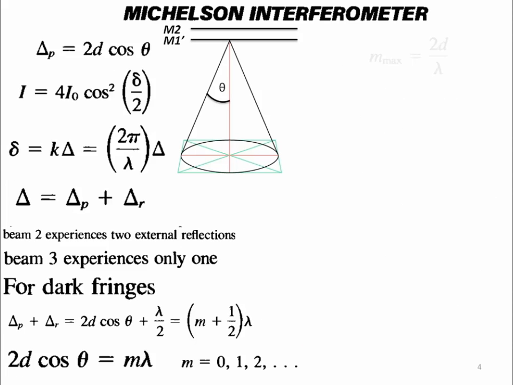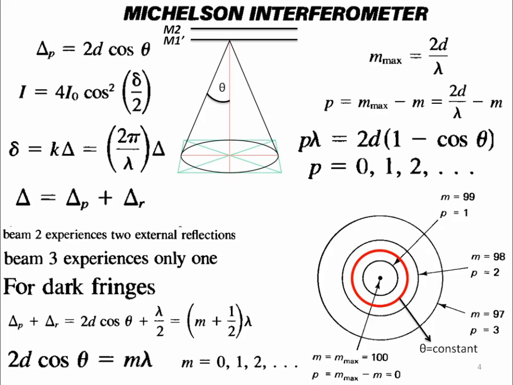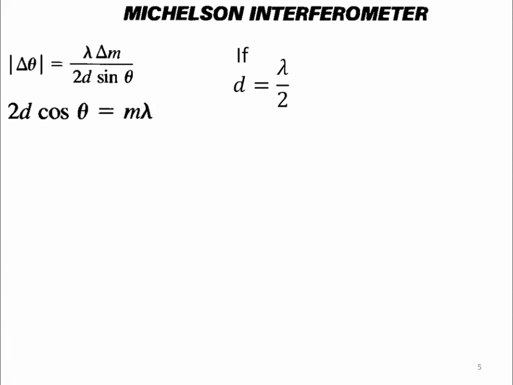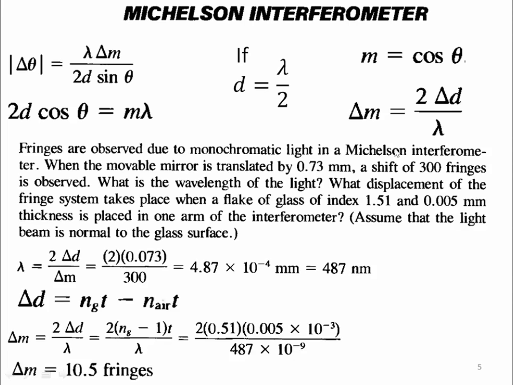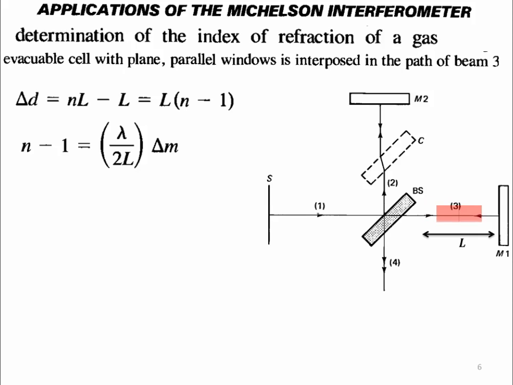So from here we can say delta D is equal to lambda divided by 2 into delta M, and this L has come from here. So this is therefore n minus 1 is equal to lambda by 2L into delta M.